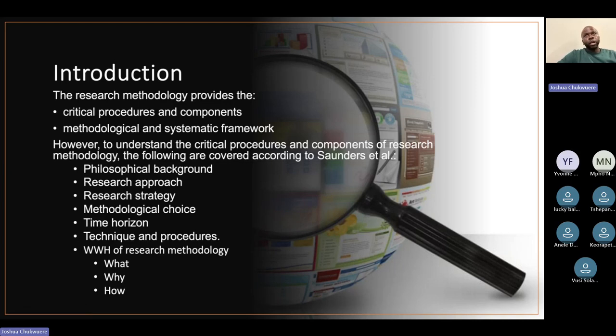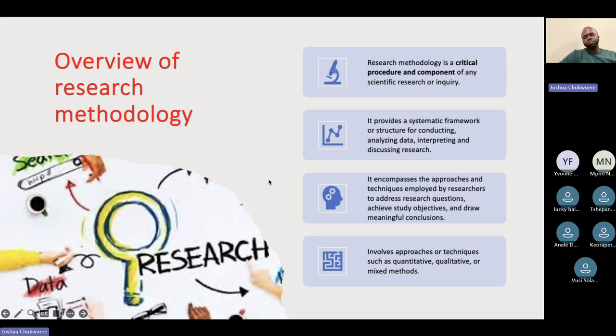In order for you to be able to write a research methodology, you don't do anything away from these three key words, which are what, why, and how. This concept is what I've applied in any research. It closes down every confusion, every doubt in whatever you are writing.